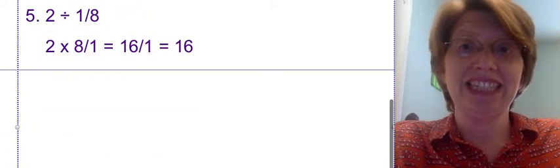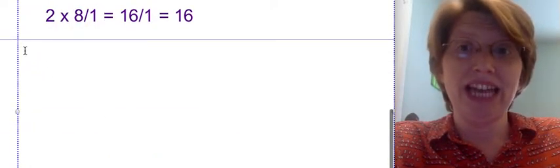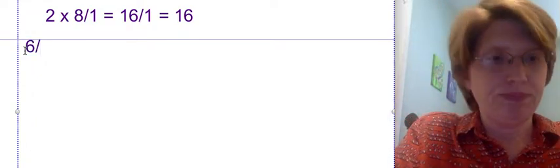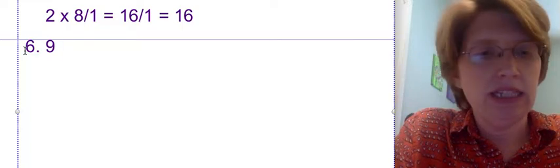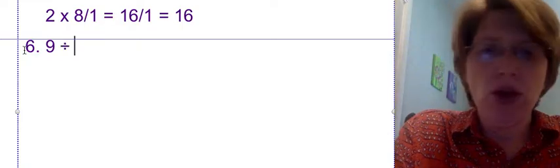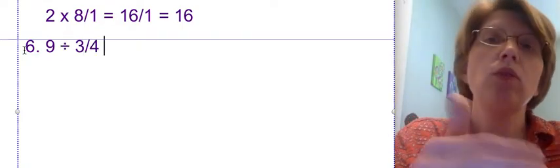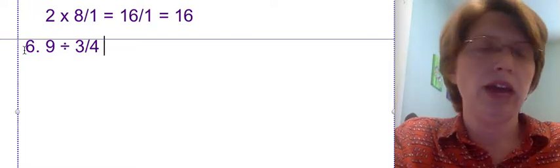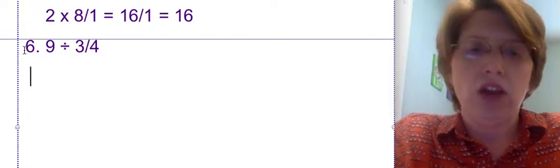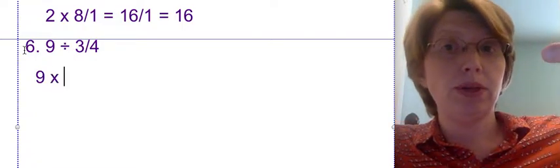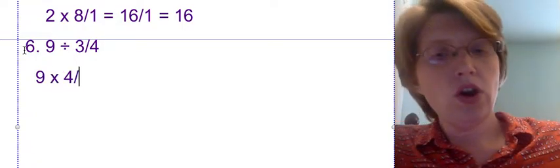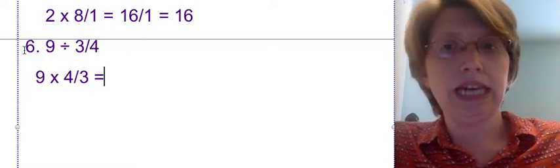Got it yet? It's pretty easy, huh? Okay, 6. 9 divided by 3/4. Now we've got more than just a 1, okay? But it's going to work the same way. Go down here, let's rewrite it. 9 times flip, 4 over 3 equals.